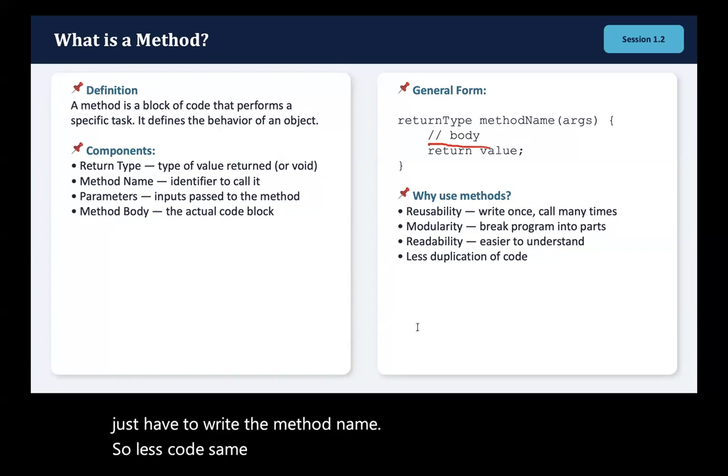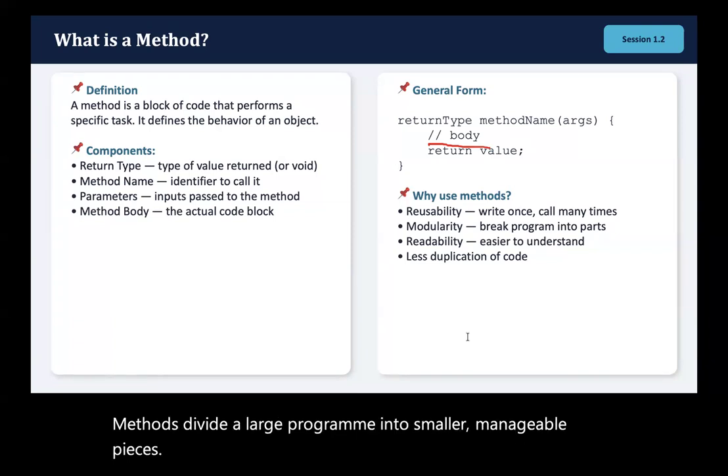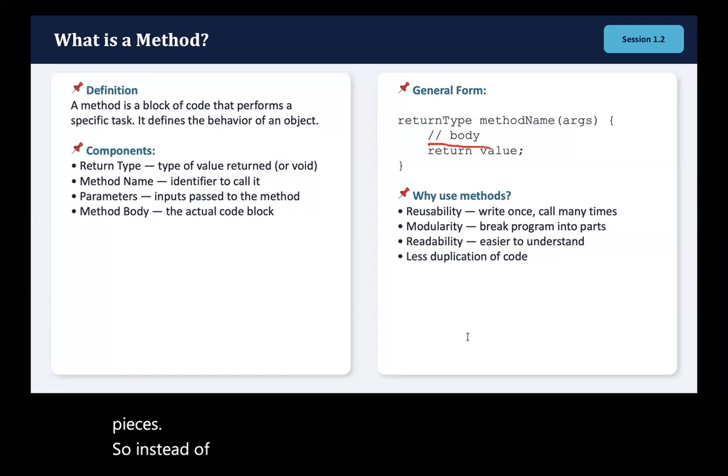And the second point is modularity. Methods divide a large program into smaller, manageable pieces. So instead of writing everything in main, we can create separate methods for login.